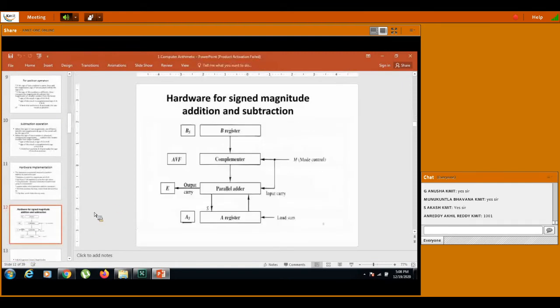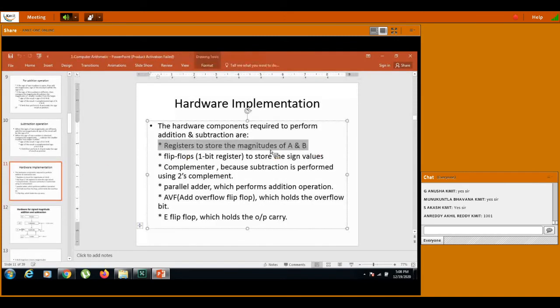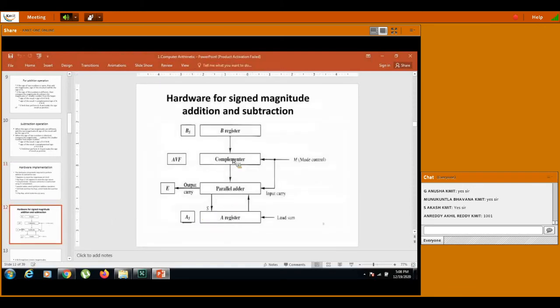Yes, you are going to implement this as a hardware concept. So for this, what you need is registers, flip-flops, a complementer, a parallel adder, an add overflow flip-flop, AVF, and the output flip-flop E. So you have register B, AVF, E, register A, parallel adder, and complementer.